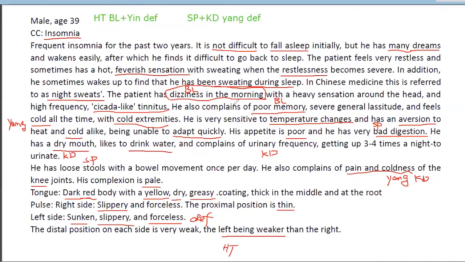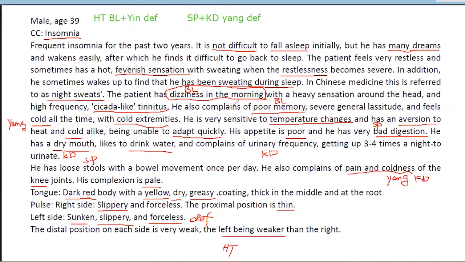Yeah, you're right. So basically, without the kidney yang deficiency part, we can say heart and kidney are harmonious.